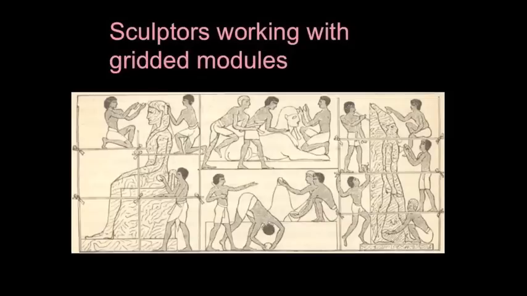So this precision, this mathematical precision, this desire for the orthogonal and the geometrically clear begins to give form to everything they do. This is a line drawing that represents a relief sculpture inside a tomb. And what the sculpture shows you are workers sculpting giant statues.